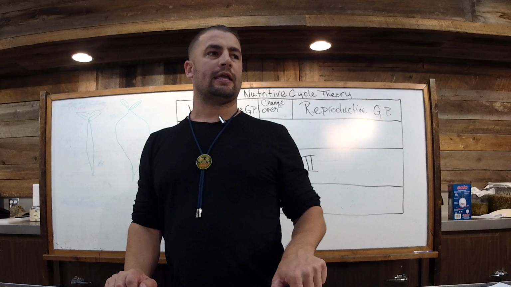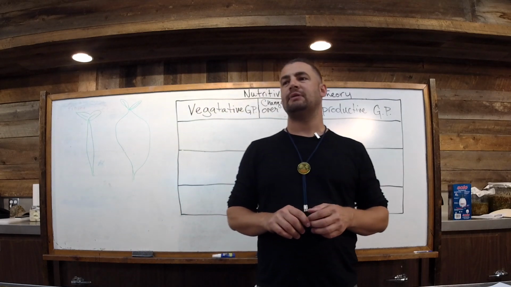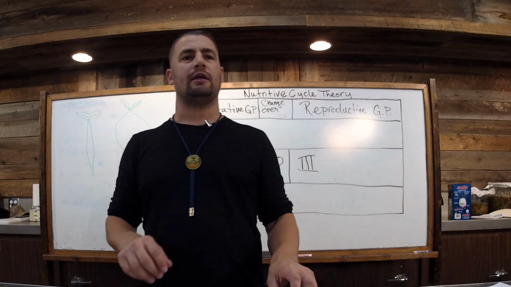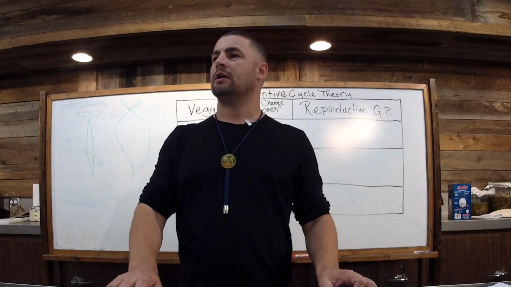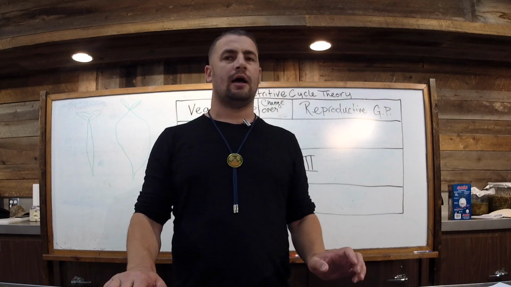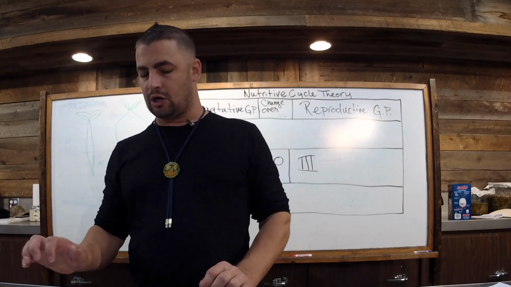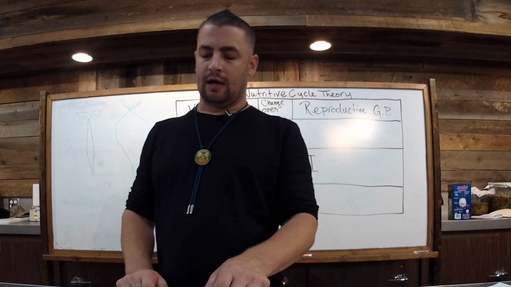Okay? So again, back to what does a baby need food-wise? Just a tiny bit, right? You're not feeding your baby steak. You're not feeding it crab. You're feeding it milk. And so seeds are the same.